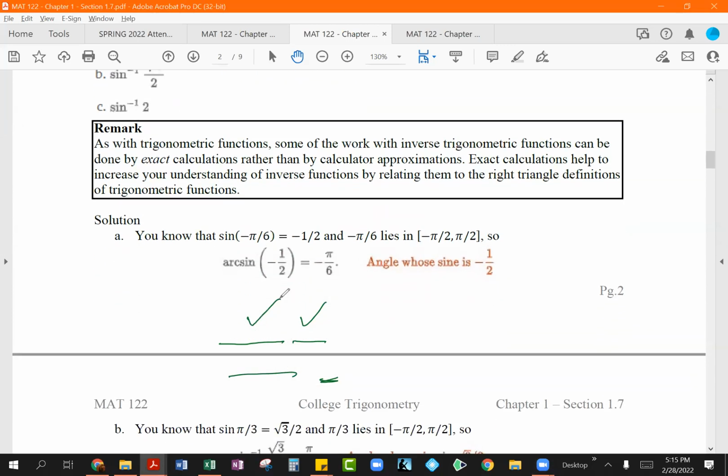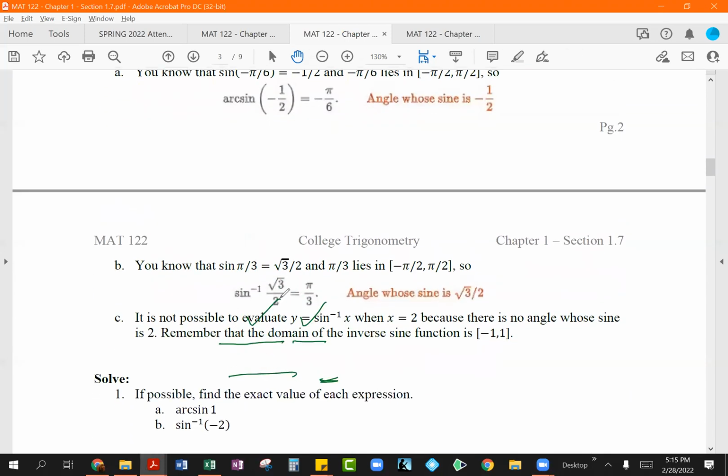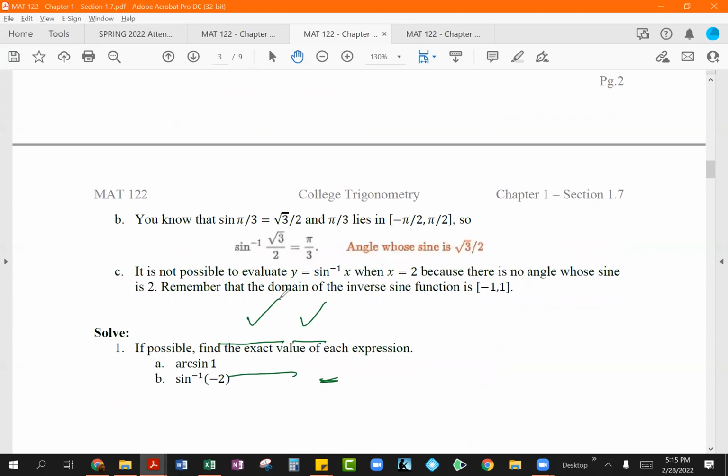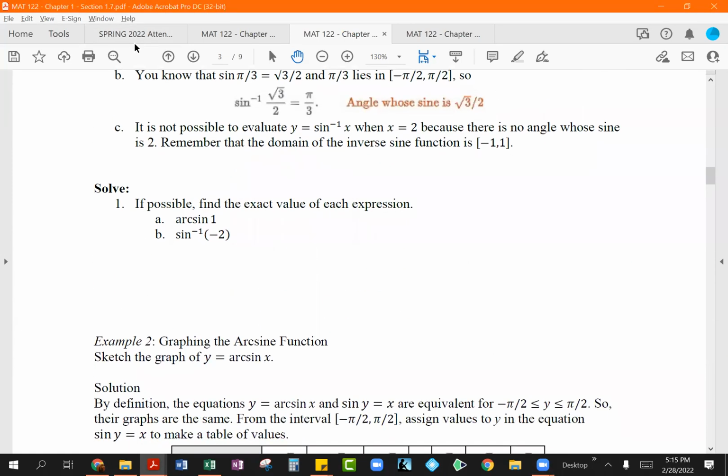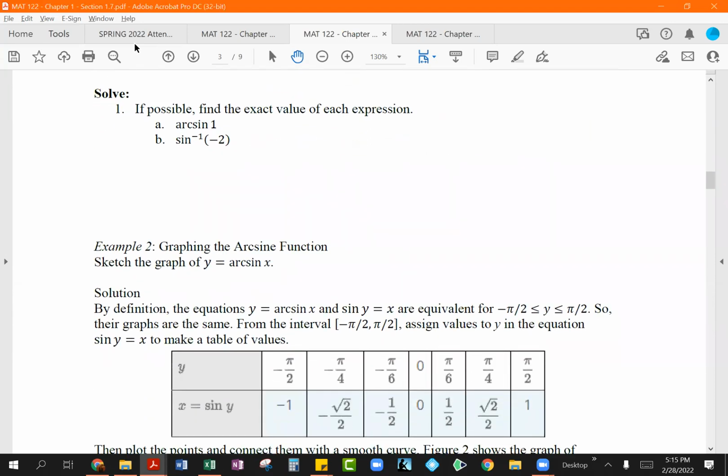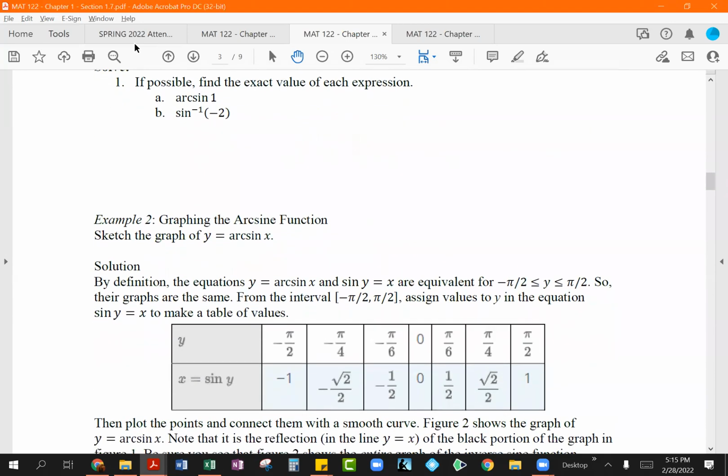For some of these, you can get the answer from the unit circle. Some of these you may be able to throw into your calculator, but if they need the exact answer with the pi and the square root values, you probably want to use your unit circle more than the calculator. We can take a look at some examples for that in a minute.